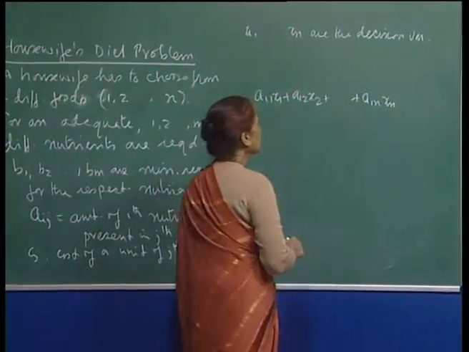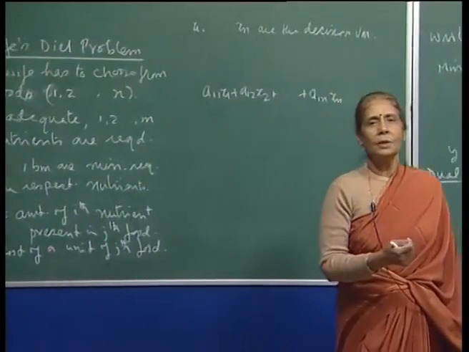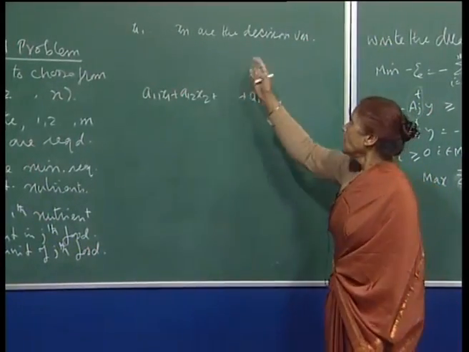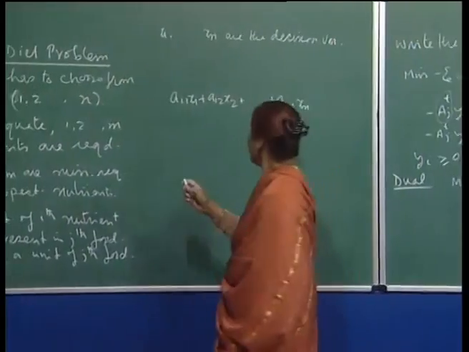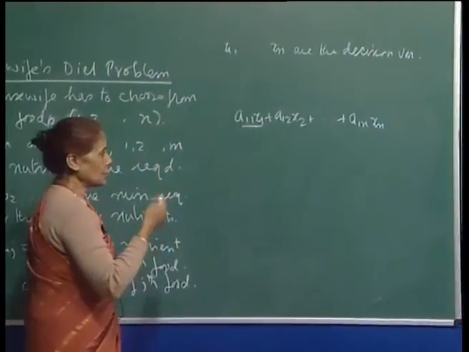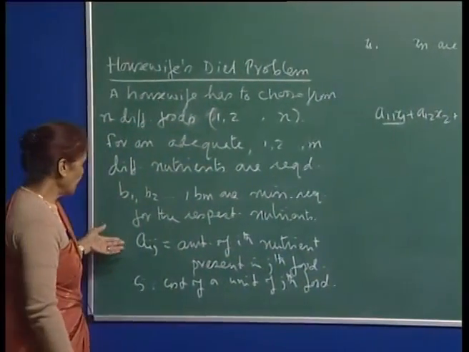That means x1 will tell me the amount of first food that I am going to include in the diet, x2 will be the amount of second food I have in the diet, and so on. With these decision variables, remember I am assuming linearity and additivity, axioms of linearity.